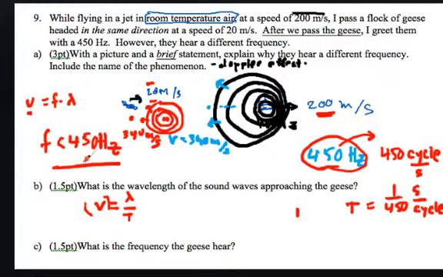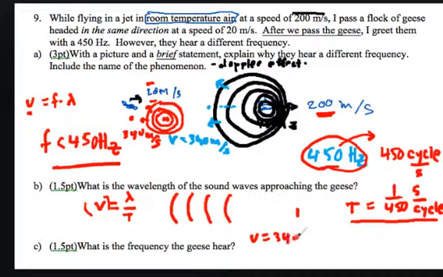Okay, hold on a second. How I might do this is I would say, if it weren't moving at all, what would be the wavelength? Well, we know the velocity is 340 meters per second, which equals 450 per second times lambda.